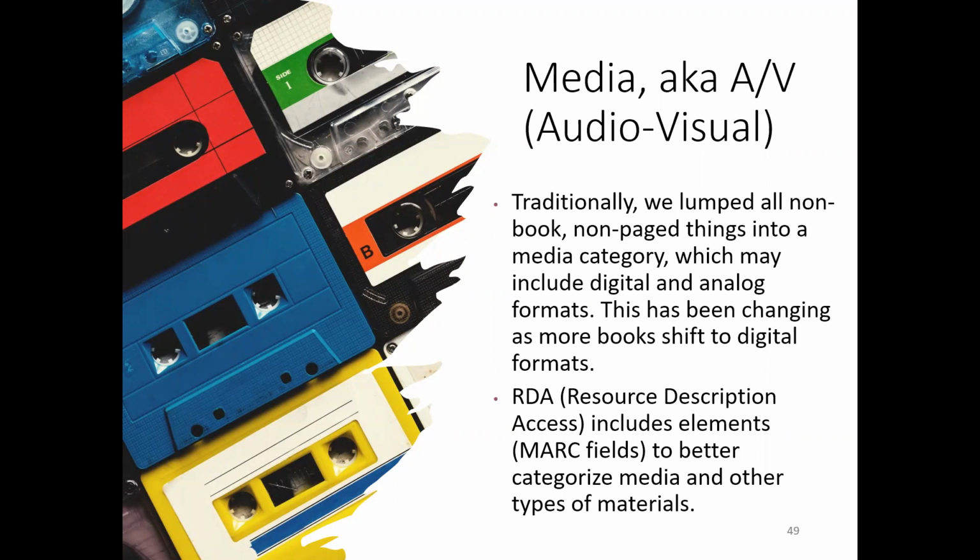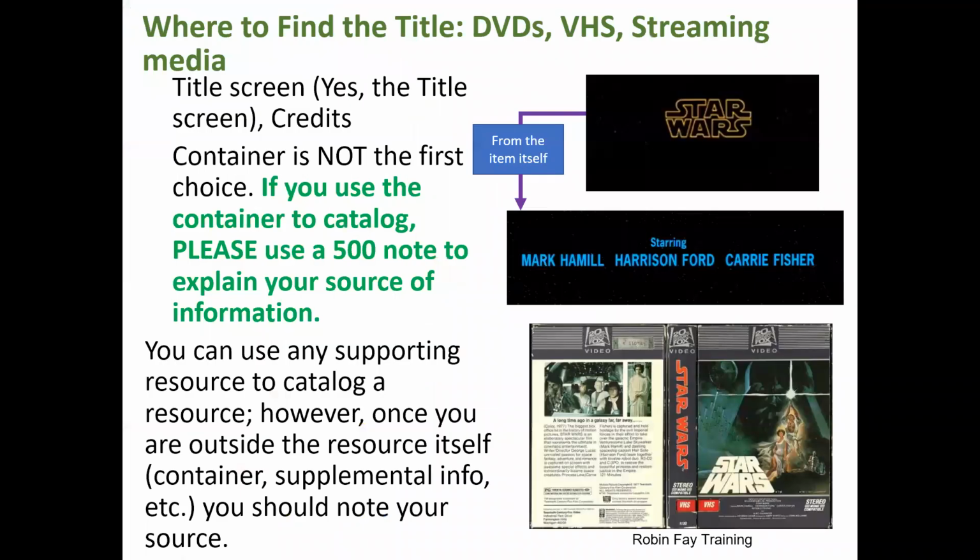Because you remember we were talking about how we needed to talk about digital content. I think this is probably one of the places where I see the most unhappiness from catalogers, but it makes sense. So you remember we were talking about the book, we are taking the title and the information from the resource itself.